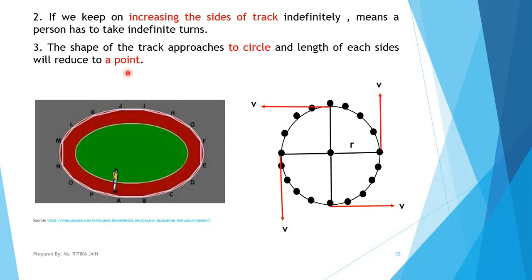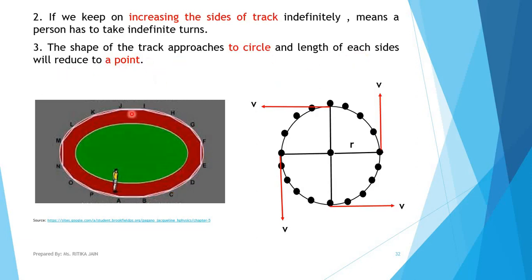So what is this? When we increase the sides of the track indefinitely, or a person has to take an infinite number of turns, then the shape of that track approaches a circle and the sides, like this BC, CD, reduce to a point.